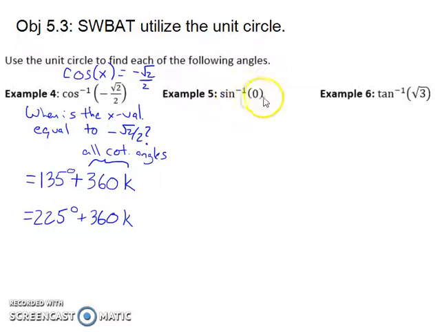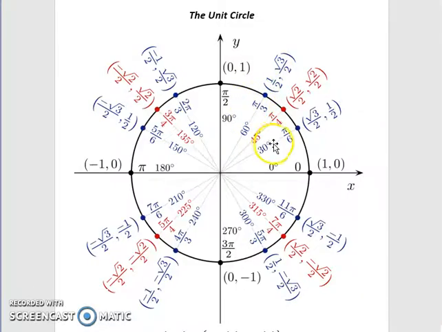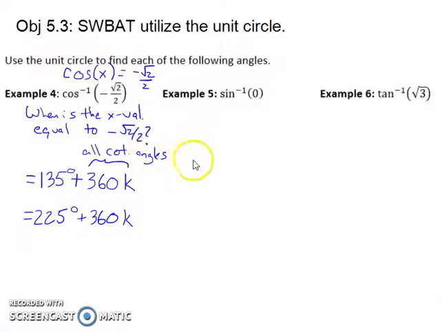Next one, inverse sine of 0. That means sine, which is the y value, when is that equal to 0? So let's see. I see it once right there, the y value is equal to 0. That's at 0 degrees. And I see it once over here, the y value is equal to 0 at 180 degrees. So that's what we need to write.